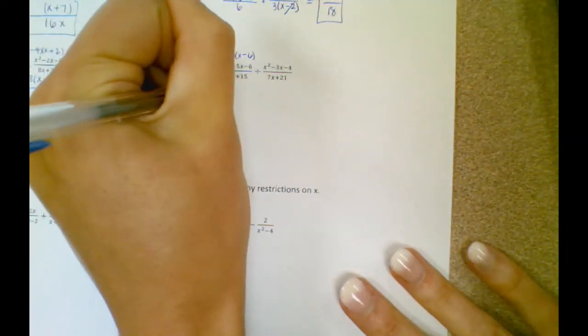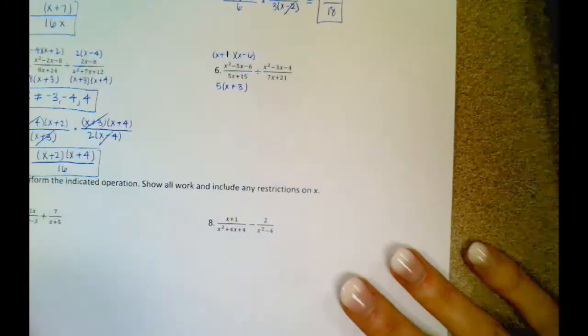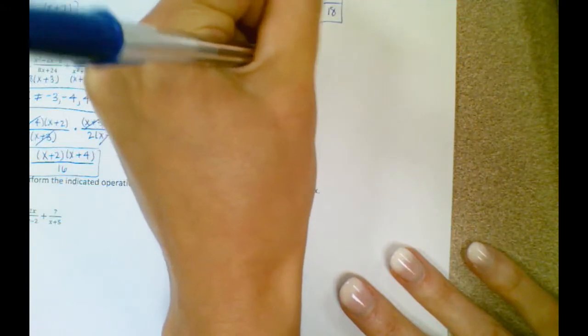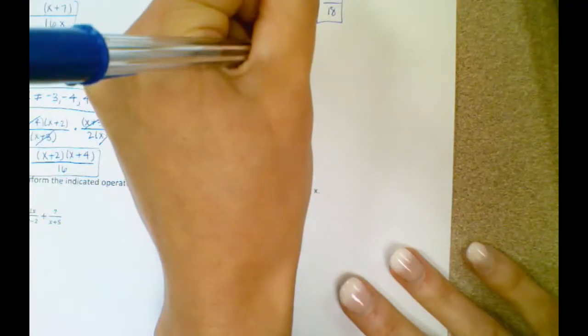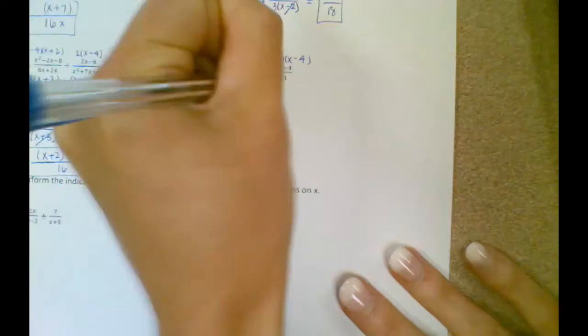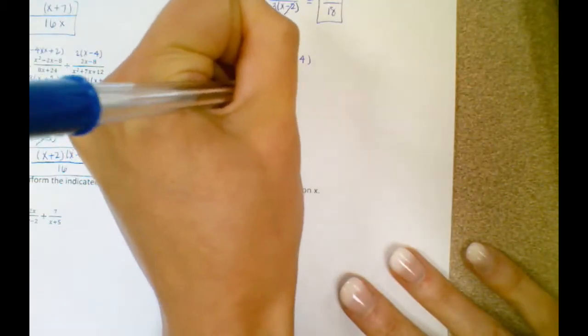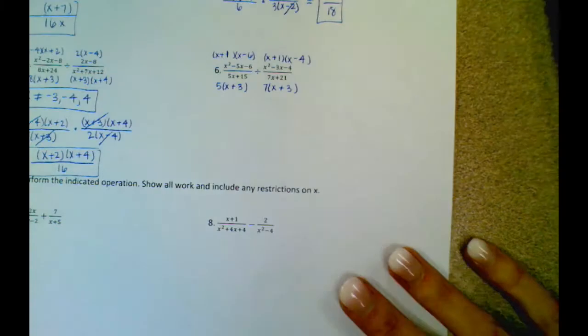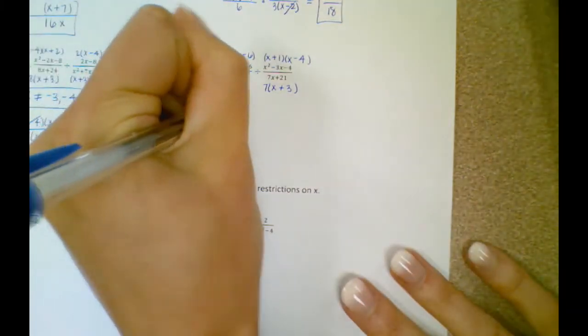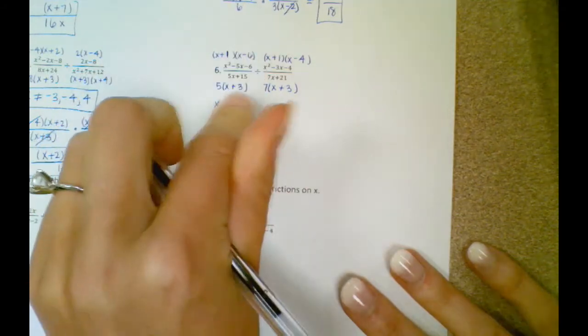Then down here I have a GCF of 5. All right, over here this would be x, let's see, 4 and 1, minus 4 plus 1. Then I have a GCF of 7. Alrighty, so we're good. Now let's list our restrictions. X cannot equal negative 3 and negative 3.